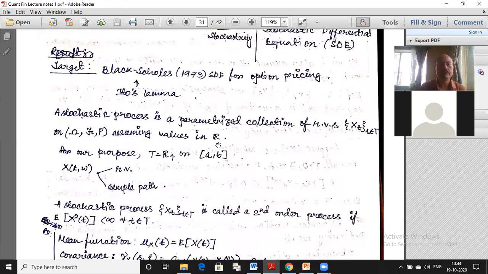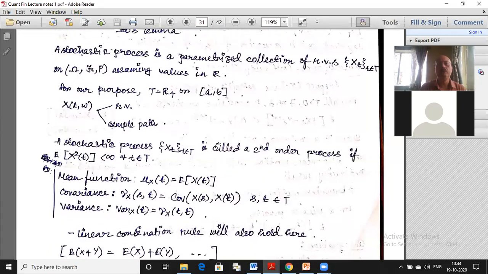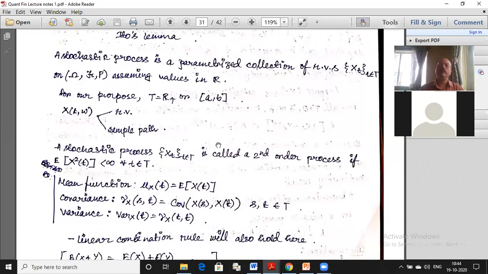Okay, so just to reiterate, now that we are in the continuous time domain, we are going to define a stochastic process again. A stochastic process is a parameterized collection of random variables. These are indexed by t, time t, which comes from an index set capital T. And the sample space is omega.